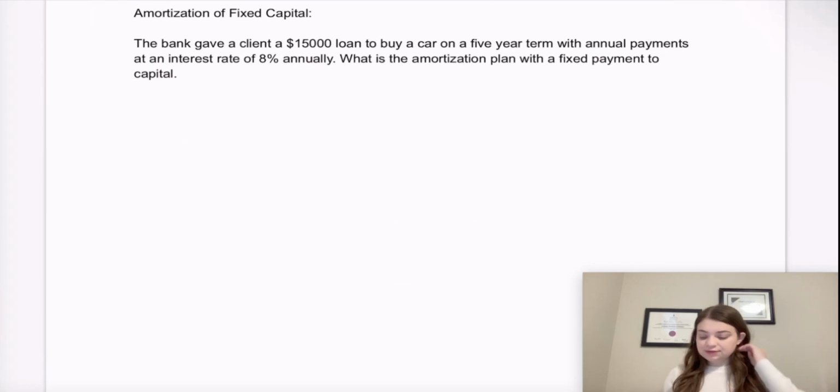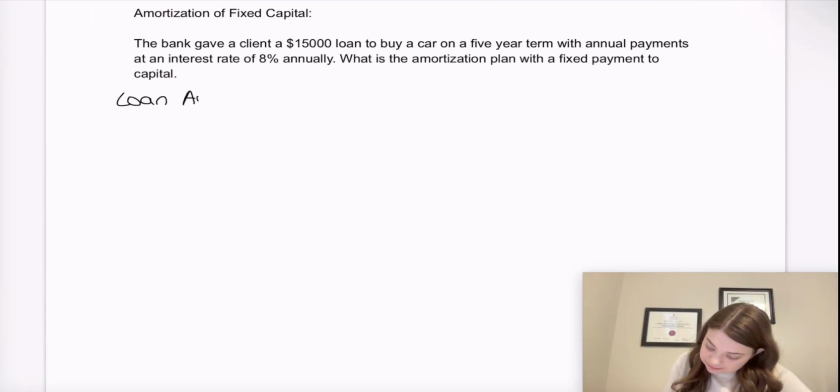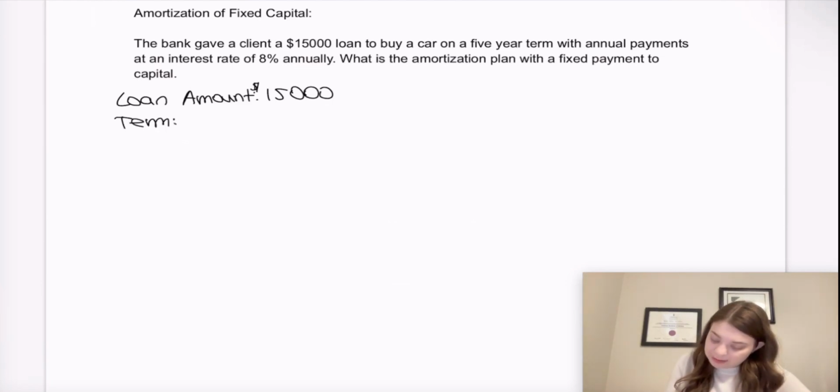All right, so let's write down first of all, what do we know here? We know that the loan amount is $15,000. We know that the term is 5 years because they're going to be making one payment every year for 5 years. So 5 years is the answer.